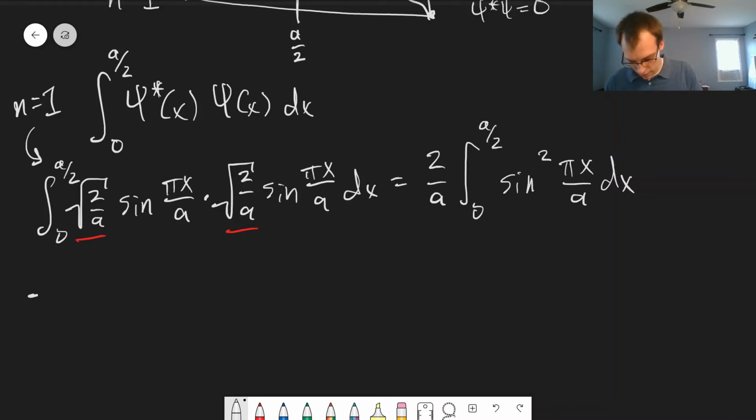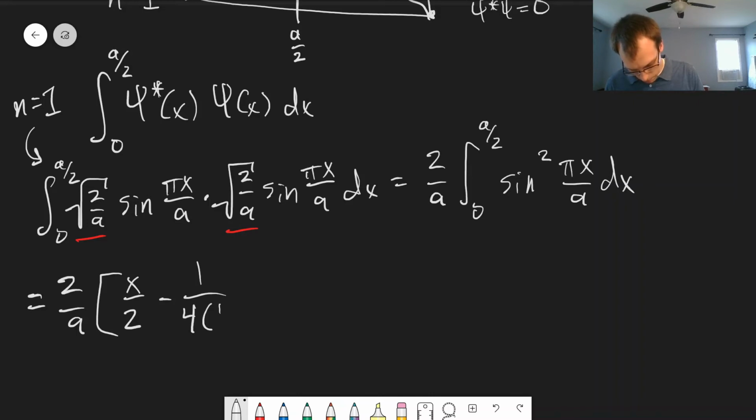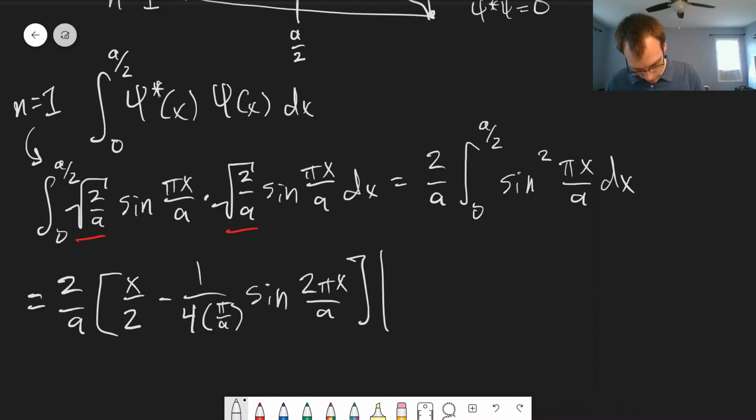But what we'll get is 2 over a times x over 2 minus 1 over 4 times pi over a times sine 2 pi x over a evaluated from 0 to a over 2.